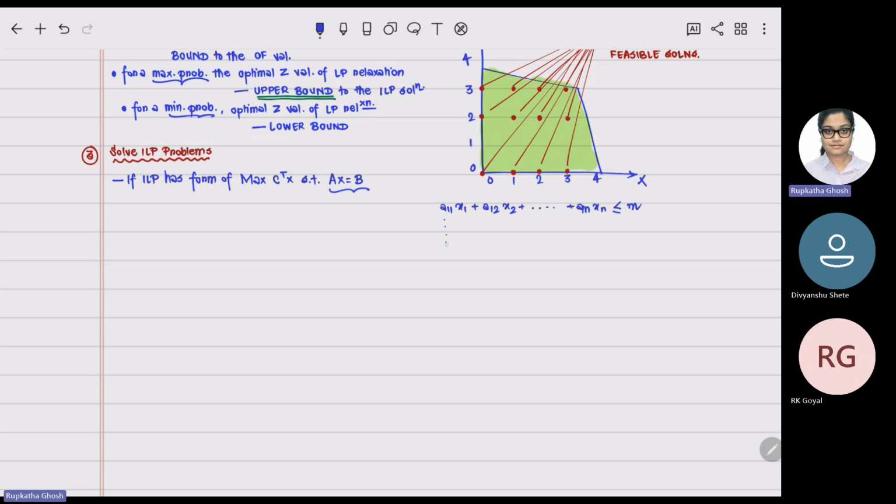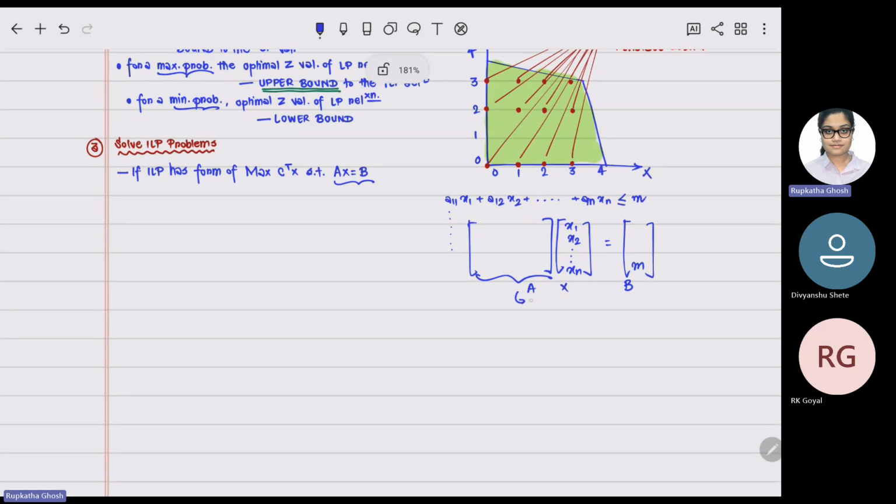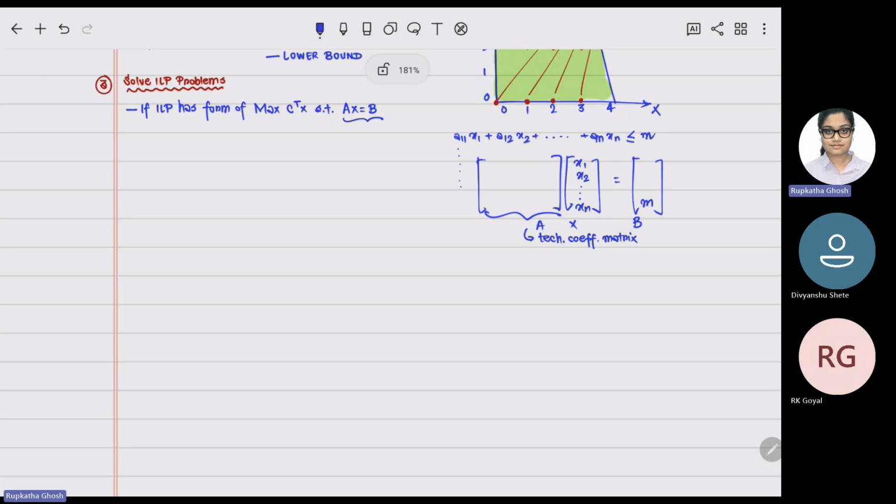So like this, you will have certain constraints. So you can simply put X1, X2, Xn here, and here you can put the A values, and here you can put your B values. So this is what I mean by AX is equal to B, right? A is also known as the technological coefficient matrix.